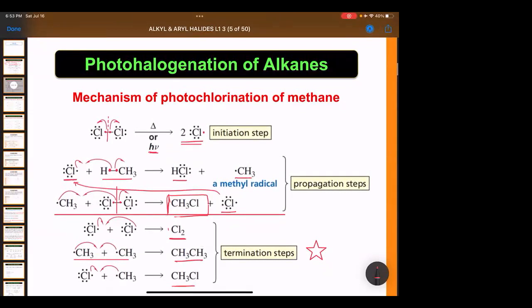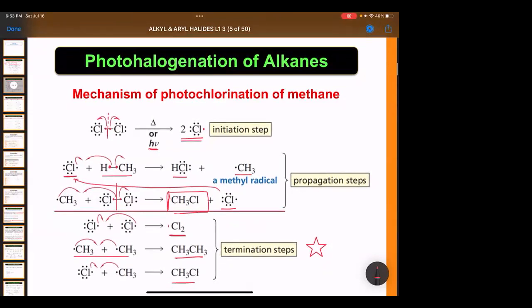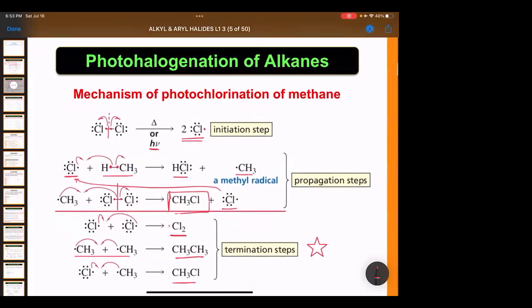Suppose I take methane and carry out four reactions in different containers. Methane I can react with fluorine, chlorine, bromine, and iodine in four different containers.